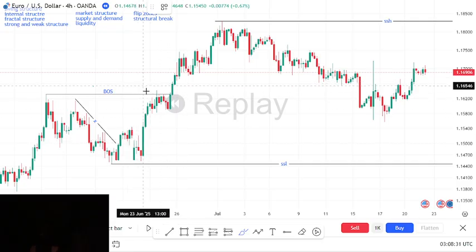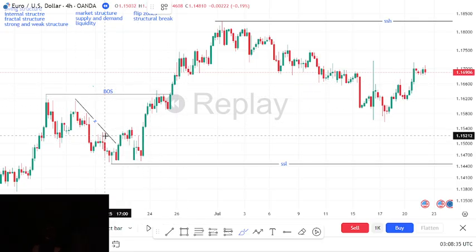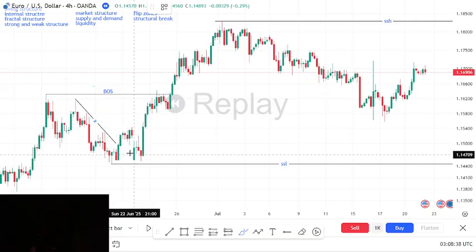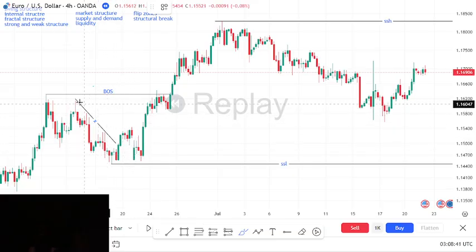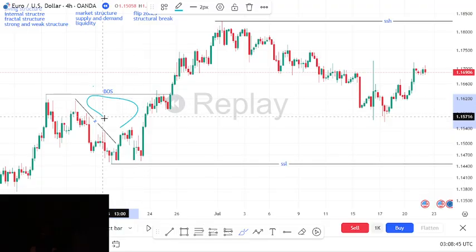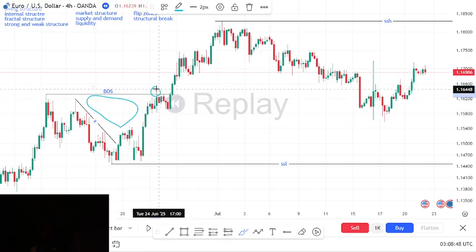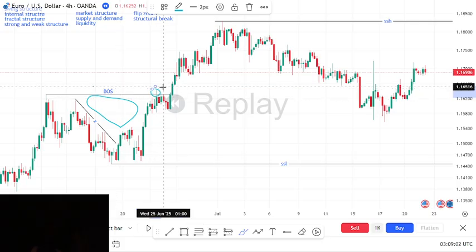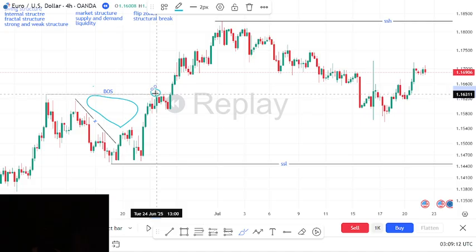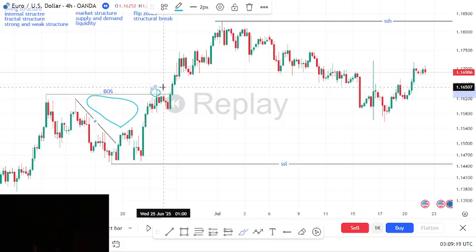When we break this kind of structure, when we get this trend line liquidity here, when price takes all of this buy side liquidity and we sweep it, we think that the bigger players use that liquidity resting above here as fuel to facilitate the move to get in position.